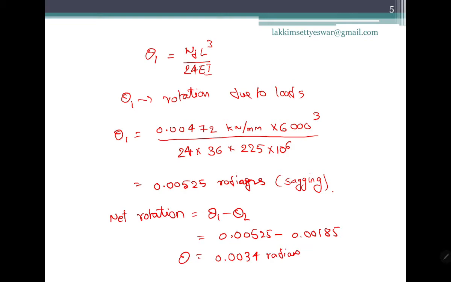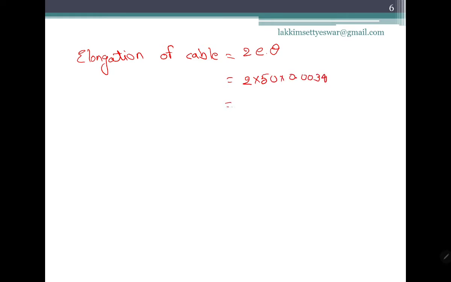Let's calculate the elongation of the cable. Elongation of the cable, calculate by using the formula 2 into eccentricity into rotation. So 2 into 50 into 0.0034. The elongation of the cable is 0.34 mm.